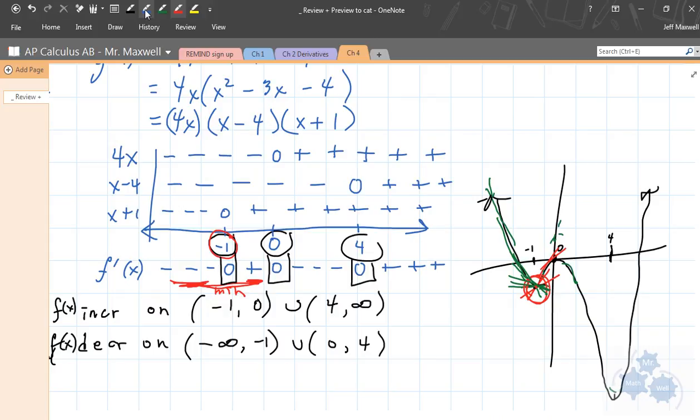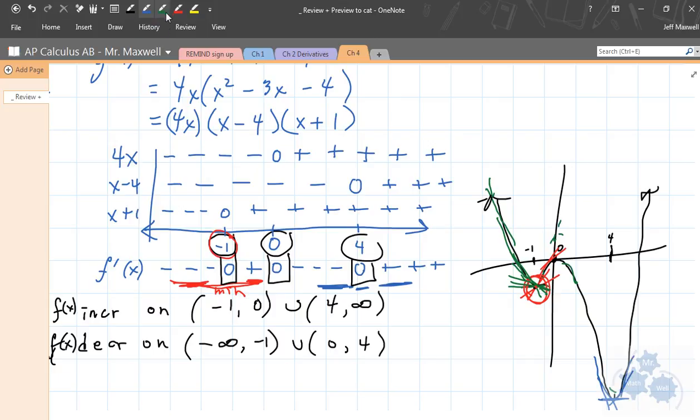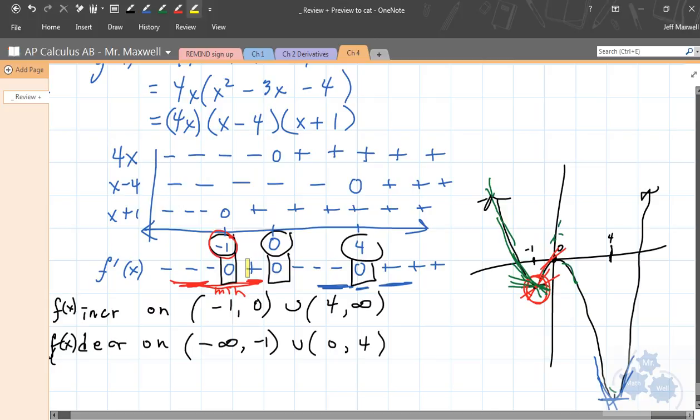When the slope changes from negative through 0 to positive, like at number 4, we have the same thing: negative through 0 to positive, a local min. What about when the slope changes from positive through 0 to negative? What do we have? We have a local maximum, like right here.